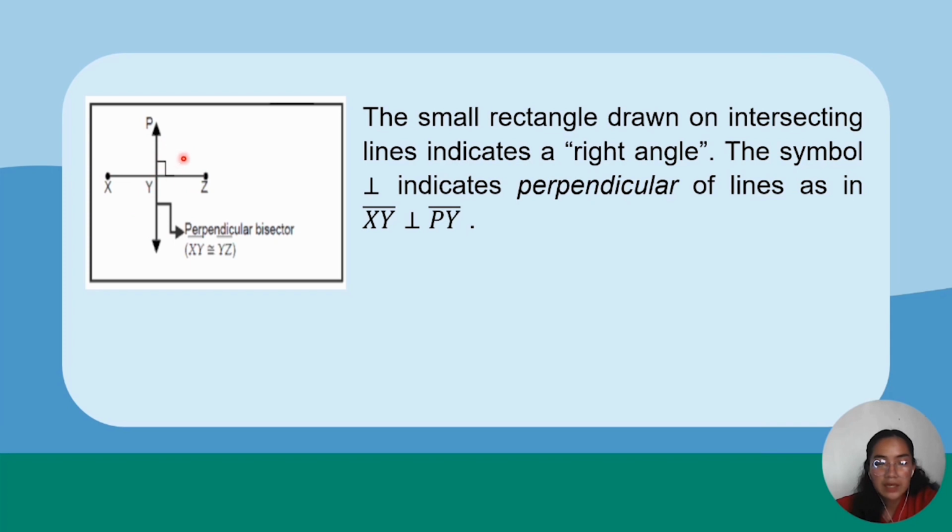The symbol ⊥ indicates perpendicularity of lines. As in, we have line XY is perpendicular to line PY. Do you agree? Since the intersection of these two lines is at 90 degrees, that's why they are perpendicular lines. And this line P is the perpendicular bisector.